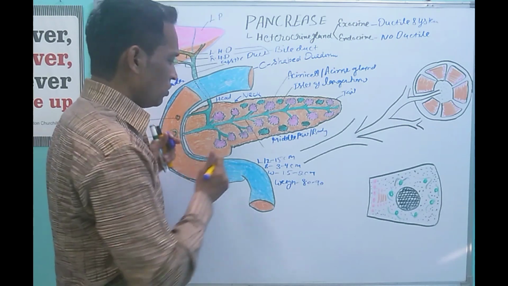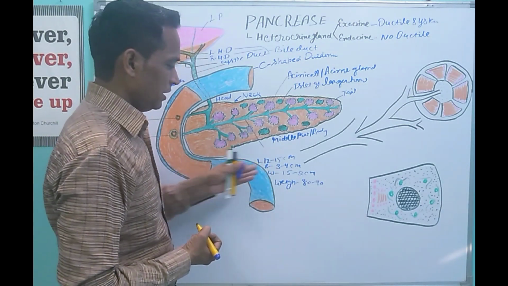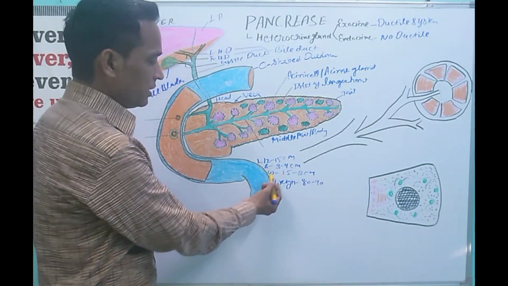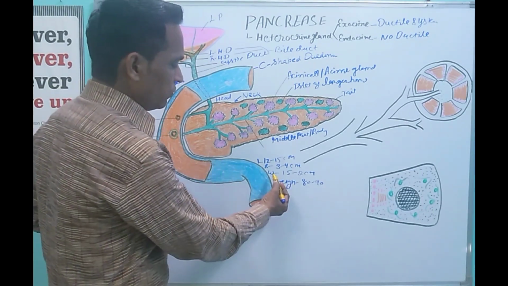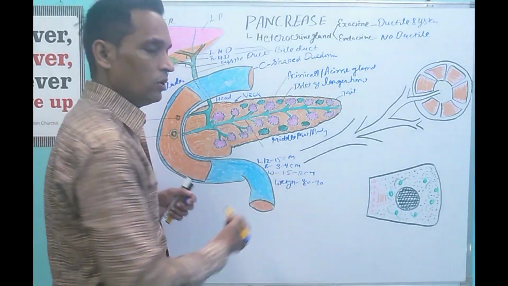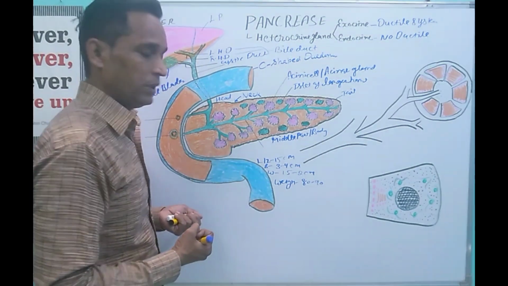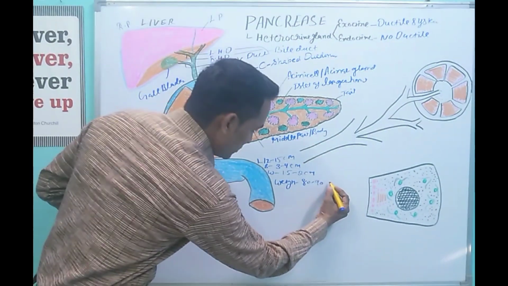According to size, the length of the pancreas is 12 to 15 centimeters, the breadth is 3 to 4 centimeters, and the thickness of the pancreas is 1.5 to 2 centimeters, and the total weight of the pancreas is 80 to 90 grams.